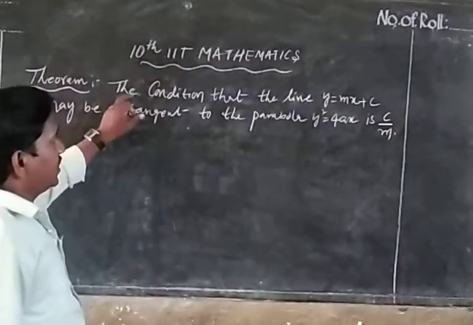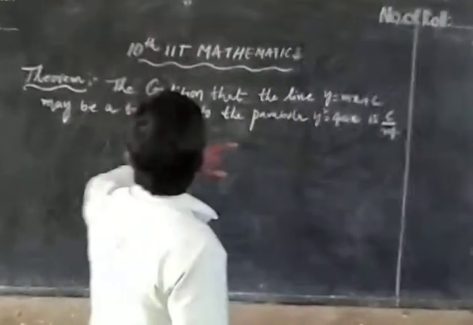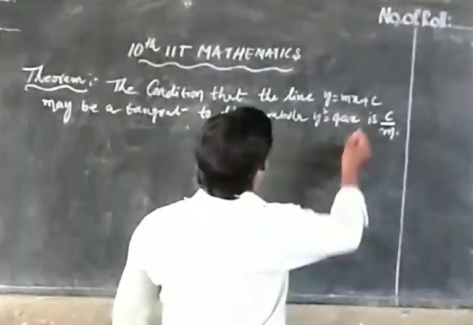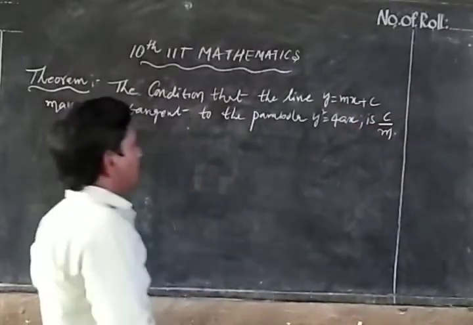The condition that the line y equal to mx plus c may be a tangent to the parabola y square is equal to 4ax is c equals a by m.